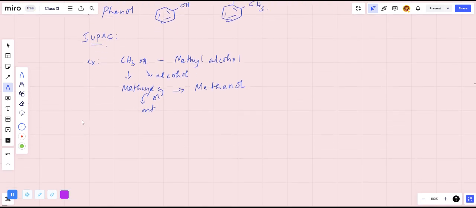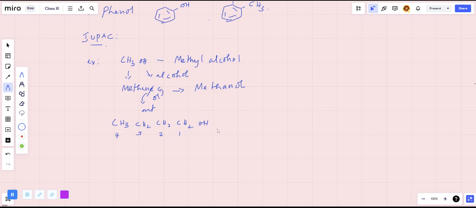The next one, if you take this one, CH3, CH2, CH2, CH2OH. Here the OH is attached. While giving the name, it's very important: the functional group gets the lowest number. So 1, 2, 3 and 4. This OH is attached with the first carbon.